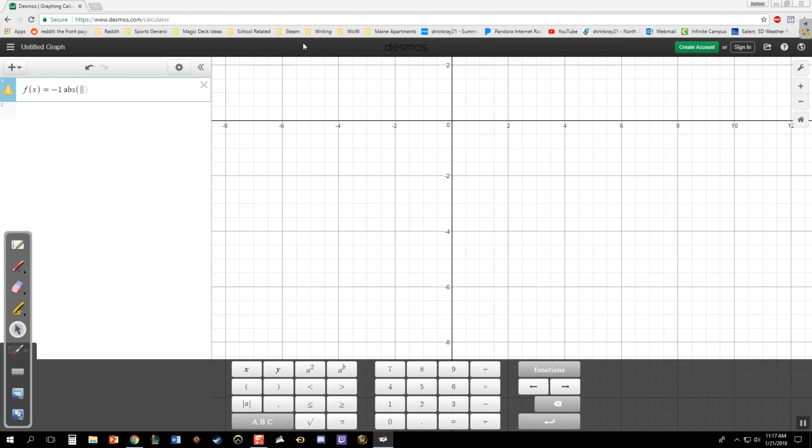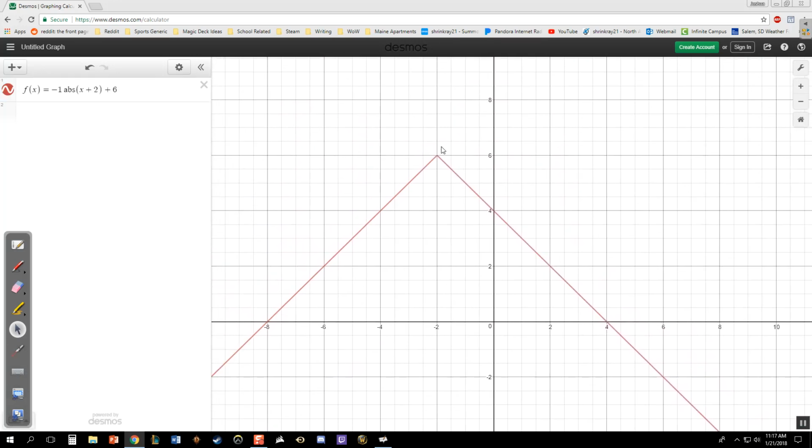Okay, so x plus 2, there we have that, and then we're going to add 6 on the outside. Our vertex is -2, 6, which is what we had before in our graph, and the graph does look very similar to what we had before. So, as always, if you have any questions, please let me know.